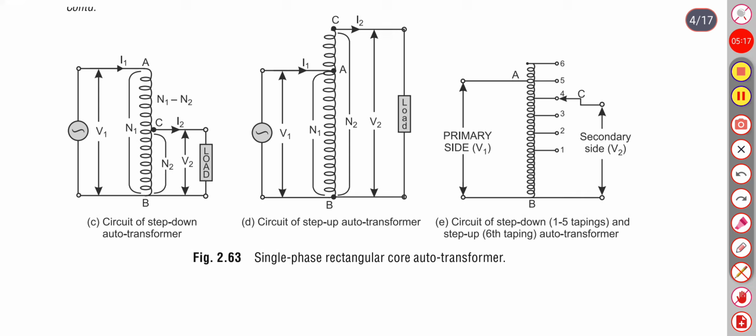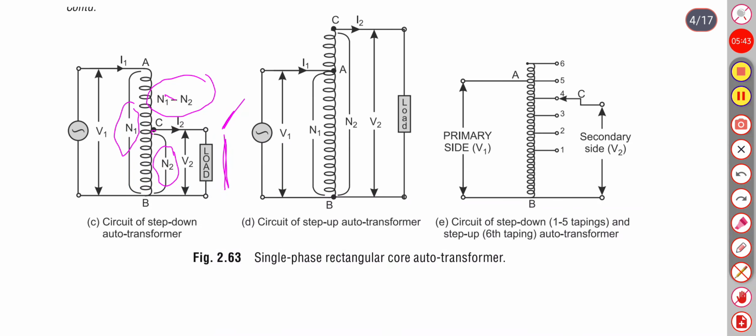Now here we can see that N1 are the number of turns in primary and N2 are the number of turns in secondary. Here we have connected one terminal of the secondary side. So N2 is less than N1, or you can say N1 is greater than N2.